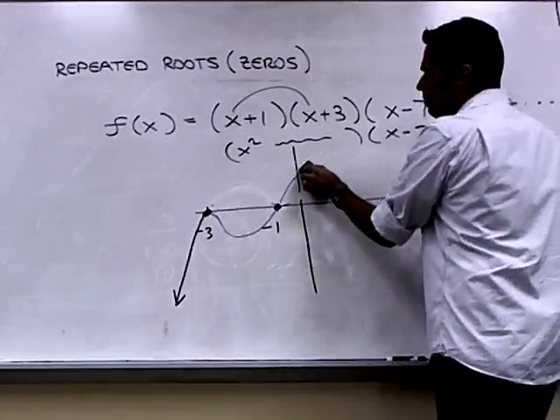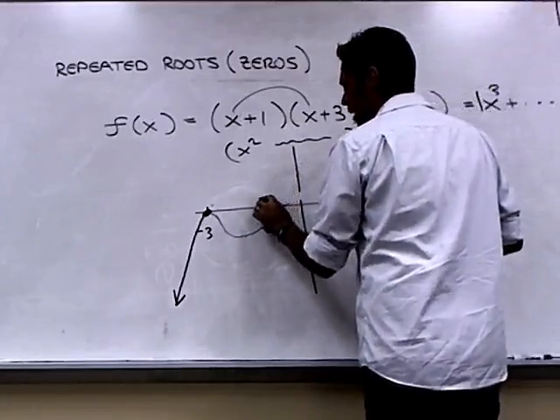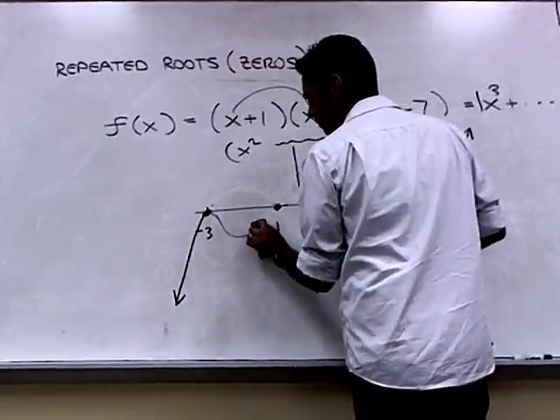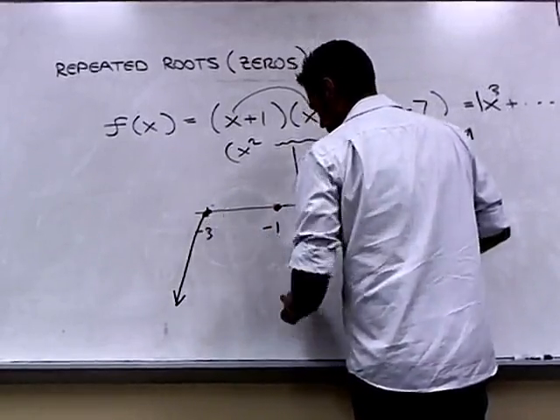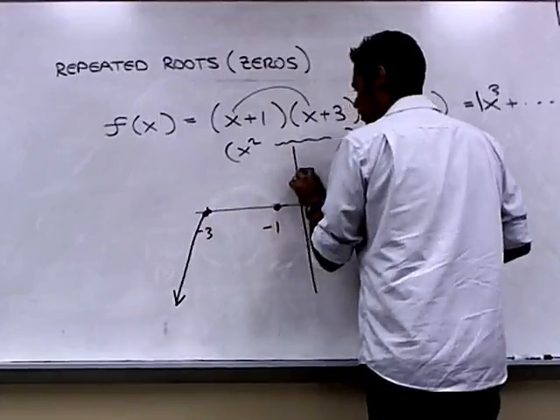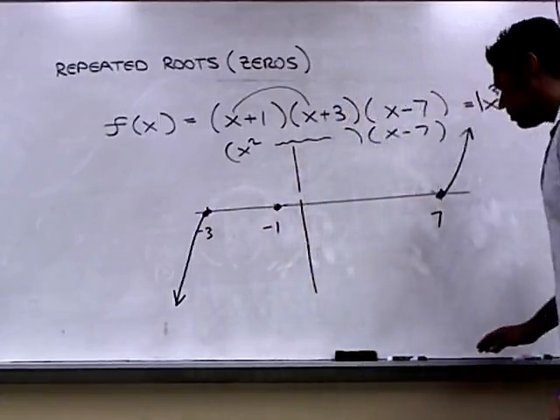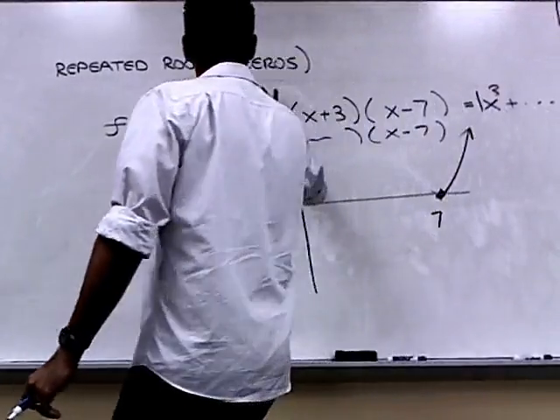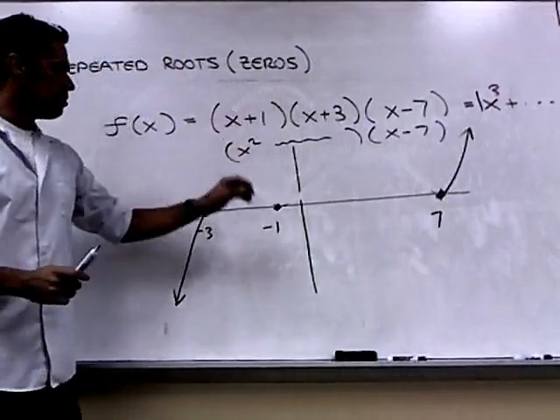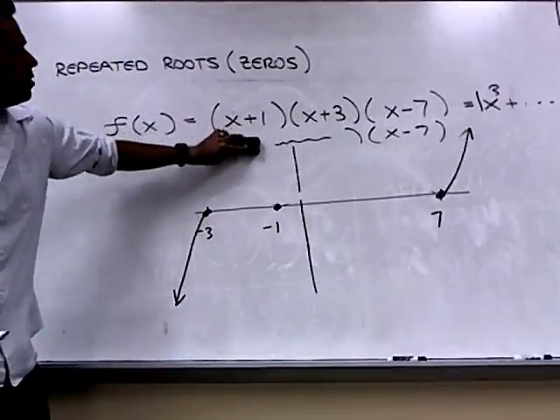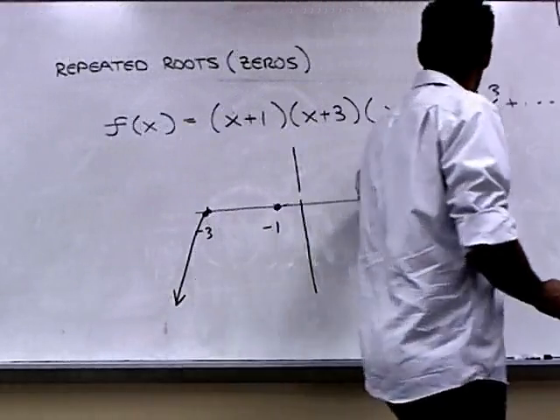So how do we determine what happens here? Well, I said it was easy. I think it is once you see it. All you have to do to determine what happens there is look at your factored form of the polynomial, which means look at this one right there.